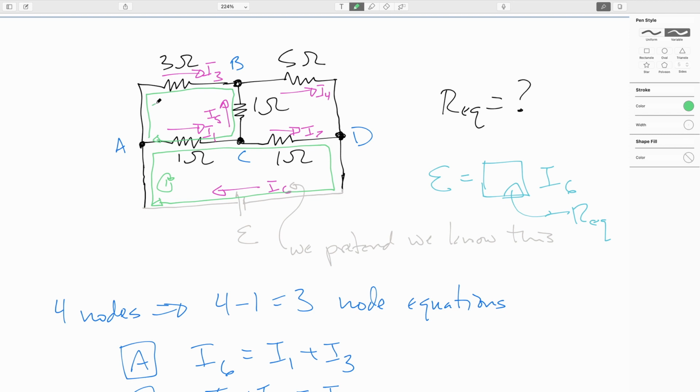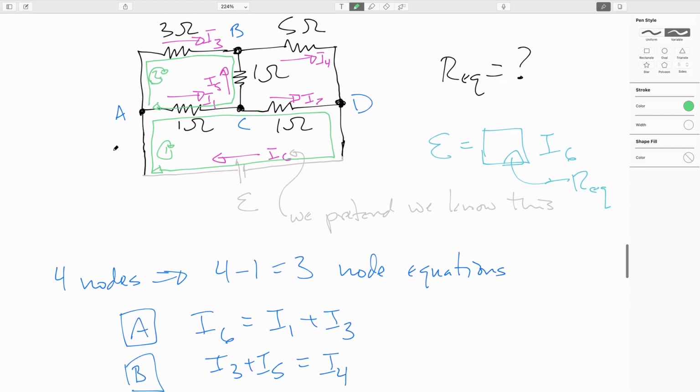So here is my loop number 2. Again, starting in the lower left-hand corner and working my way around, this will be minus 3I3 here. Now here I'm going against the current, so this will be plus 1I5 minus 1I1. I get back home, I write equals 0.